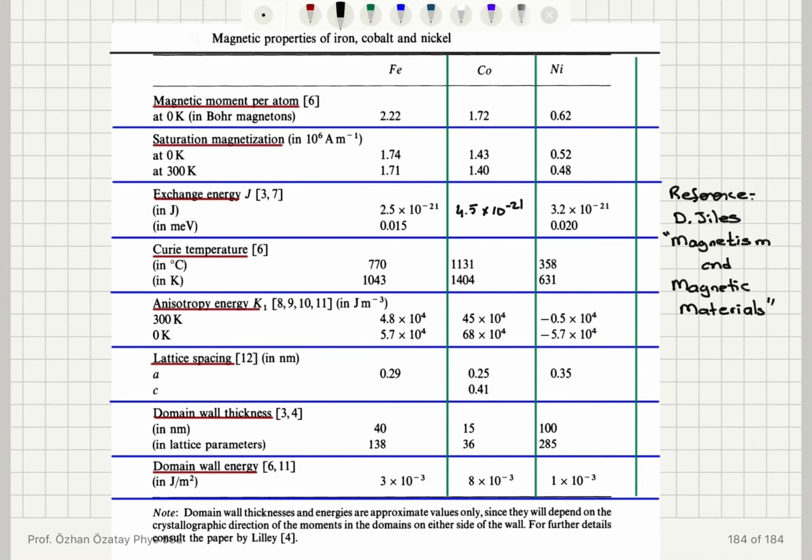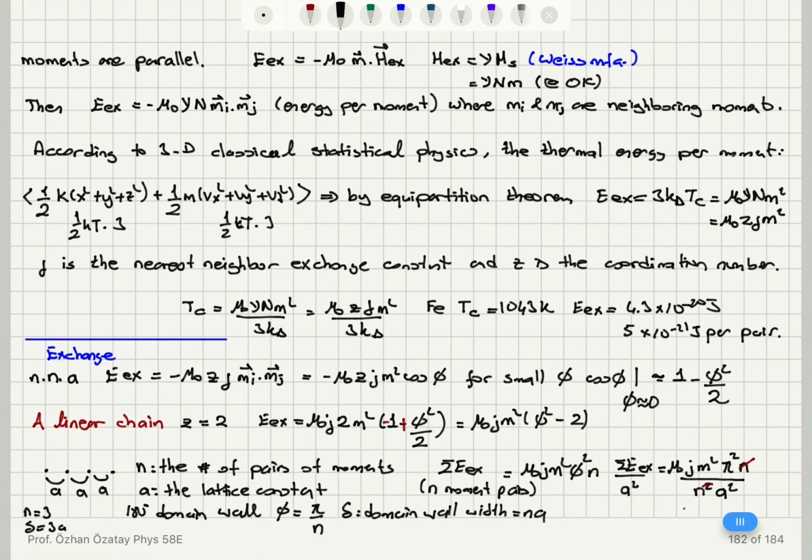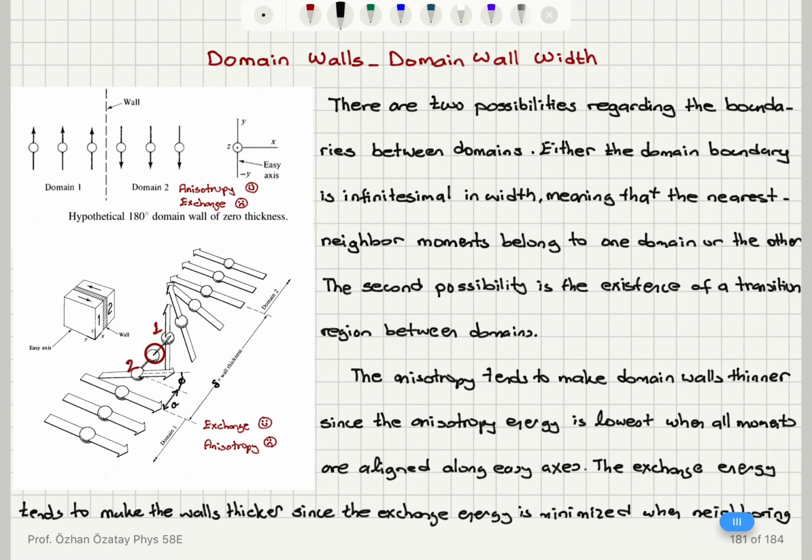And the domain wall energy per area, in joules per meter squared, changes like this from iron to cobalt and nickel. All of these numbers come from the book of David Jiles, Magnetism and Magnetic Materials, and the references therein.